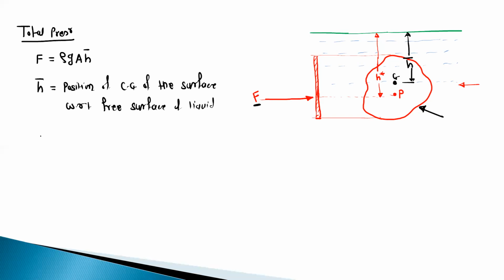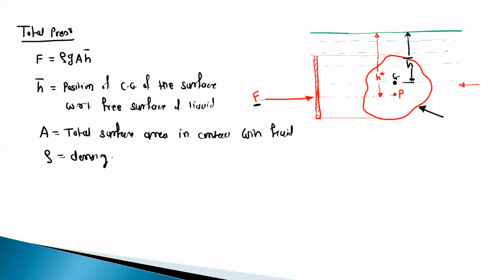This area A is the total surface area in contact with the fluid. So we have to find out this total area. Rho is the density of the fluid. So by using this formula, you can find out the total pressure that will be acting on the submerged object or surface.